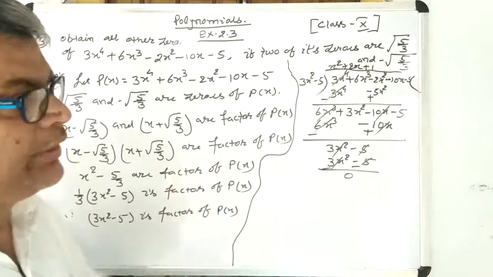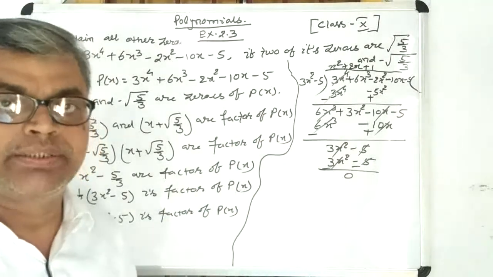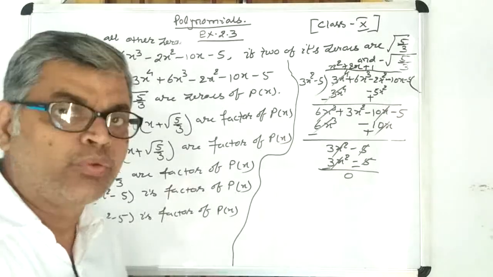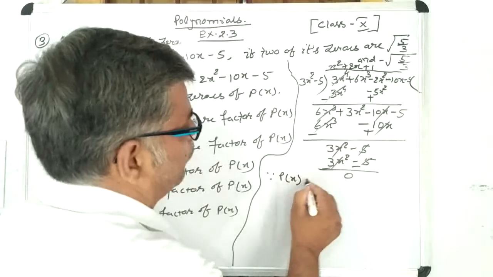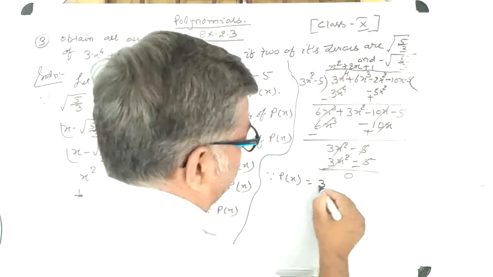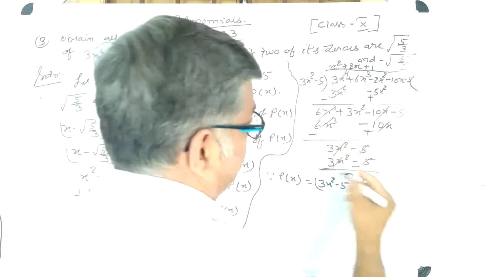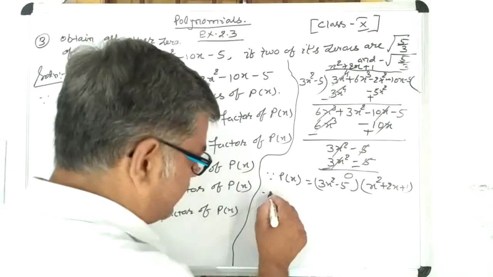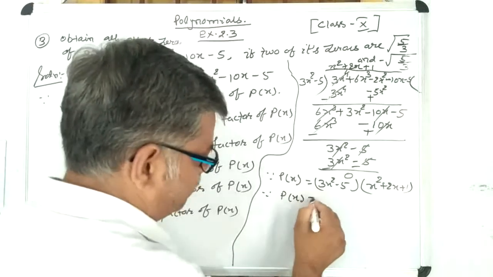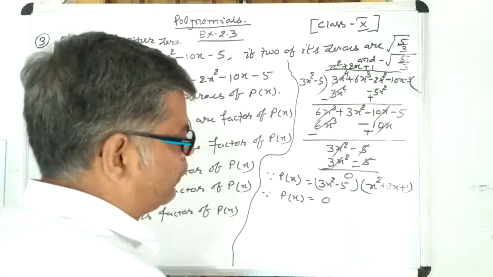Now as you know, the dividend can be written as the product of divisor into quotient. So here you got p(x) equals, your divisor was 3x square minus 5 and quotient is x square plus 2x plus 1. Now you need to find the other zeros, so you make p(x) equal to 0.